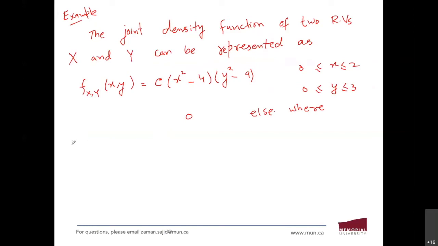Now our objectives are, first, we need to find out the value of c. C is a constant. The second objective is to determine the marginal density function for x.